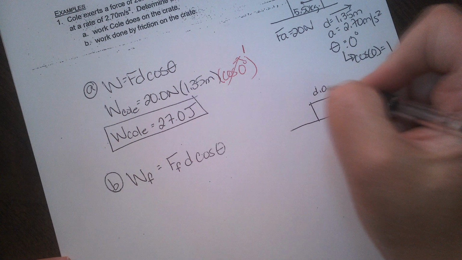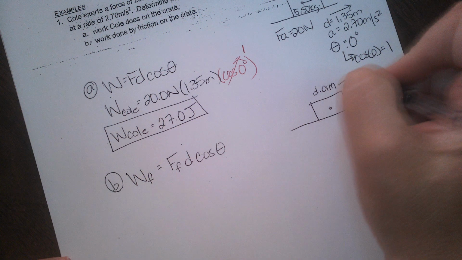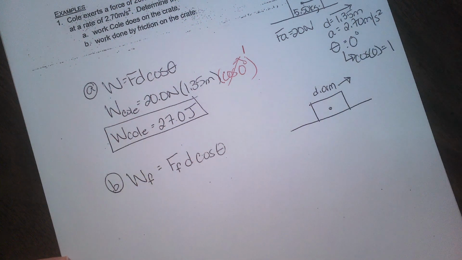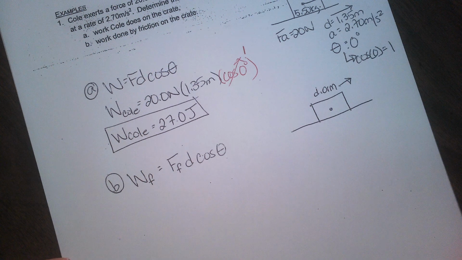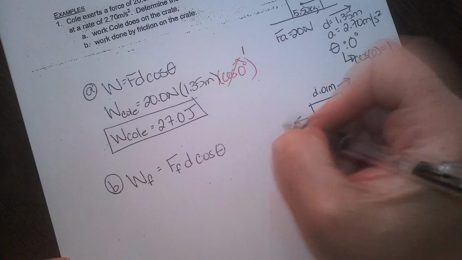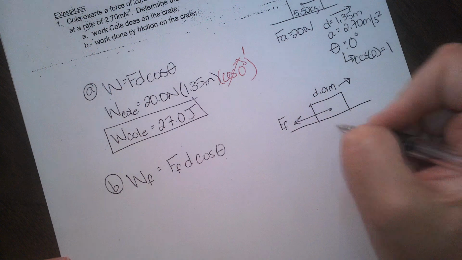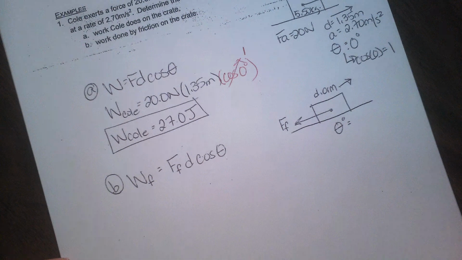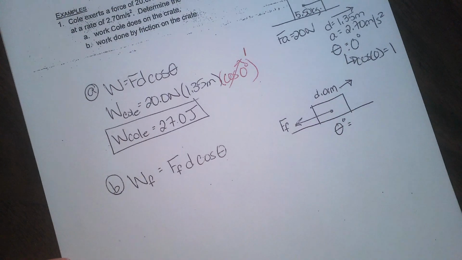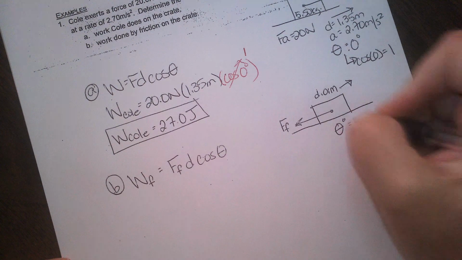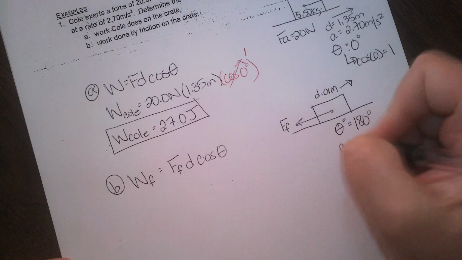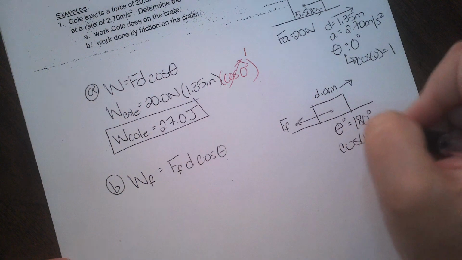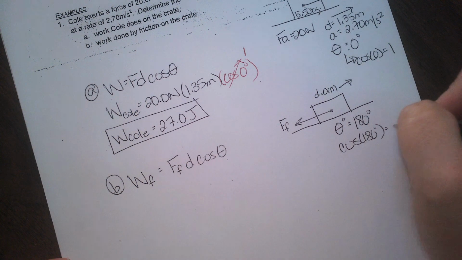This is the direction of motion, this way. Friction is going to be working in which way? Opposite. And so our angle is going to be 180 degrees. So the cos of 180 degrees is what, Kyle? -1.